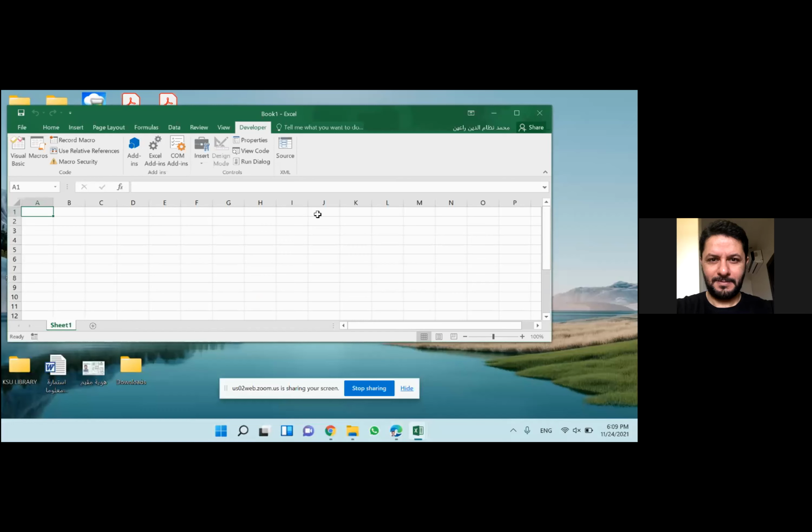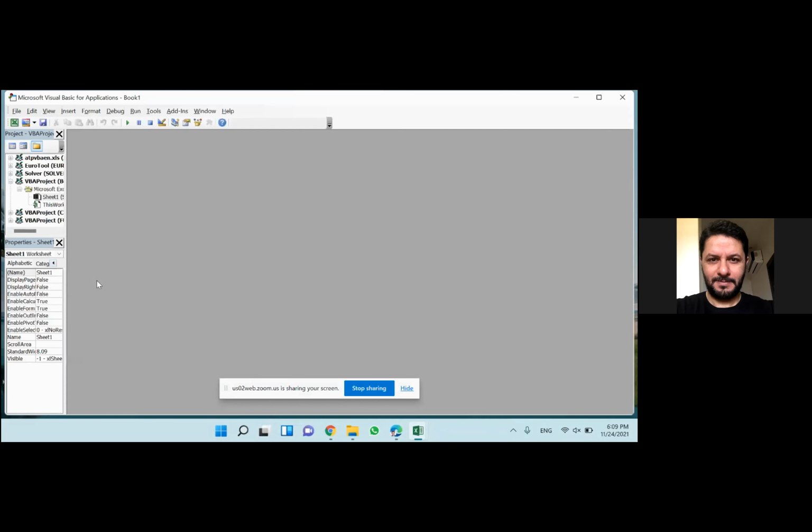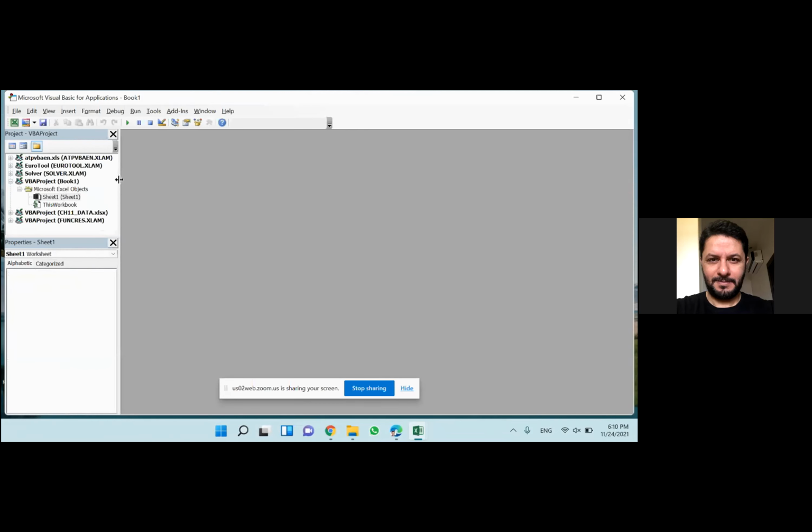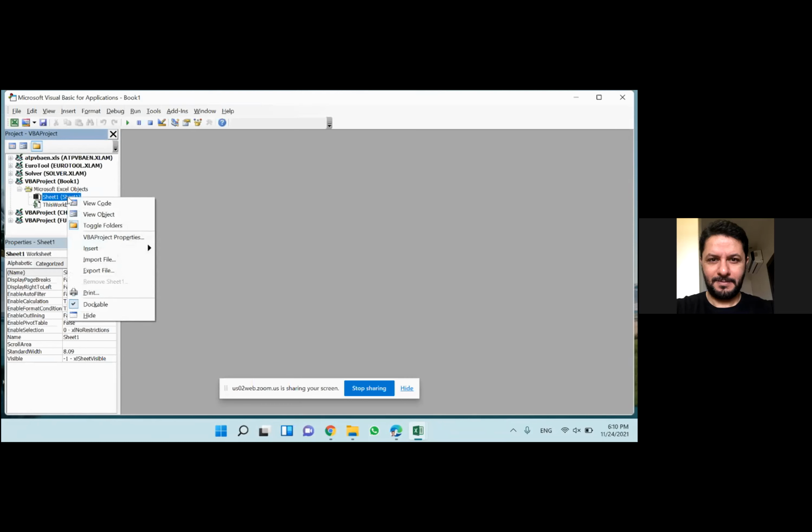Now go to Visual Basic on the right hand side, left hand side, sorry. Yes, that's it. Then what's the name of your book one? So pick the book one, Excel one. Working on book one, right? Sheet one. Then right click, then insert, then module.